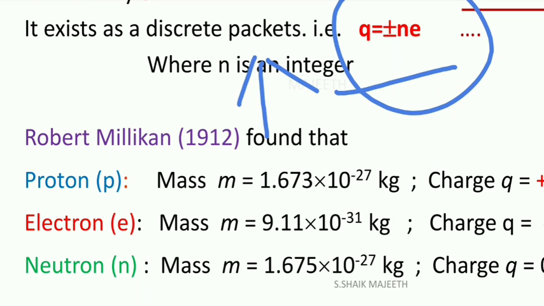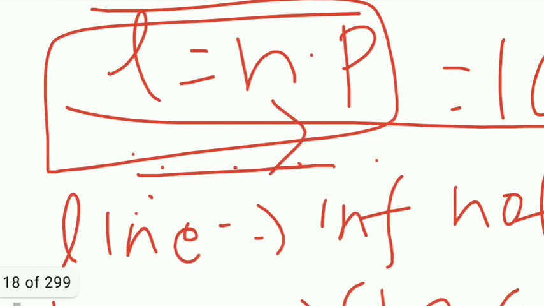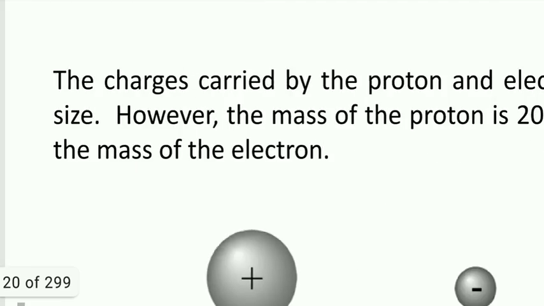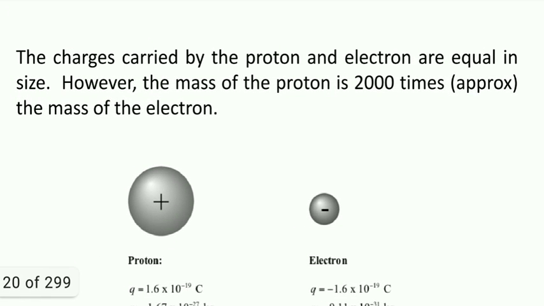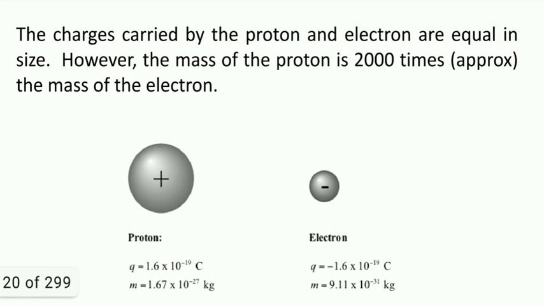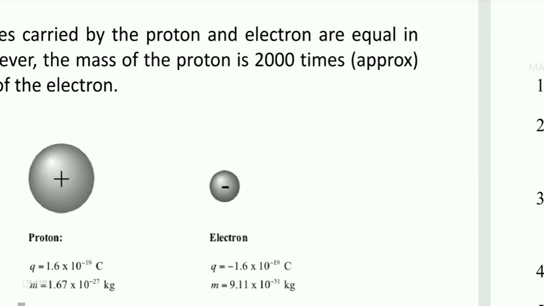If we compare these two, then we understand that the mass of a proton is 2000 times greater than the mass of an electron. So the proton is so bulky, whereas the electron is so small. This concept we will use when we study electricity, right?